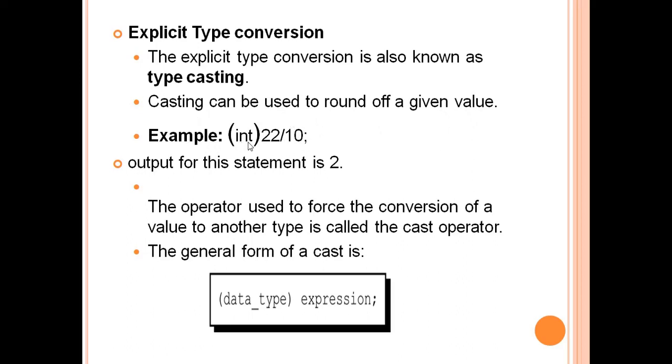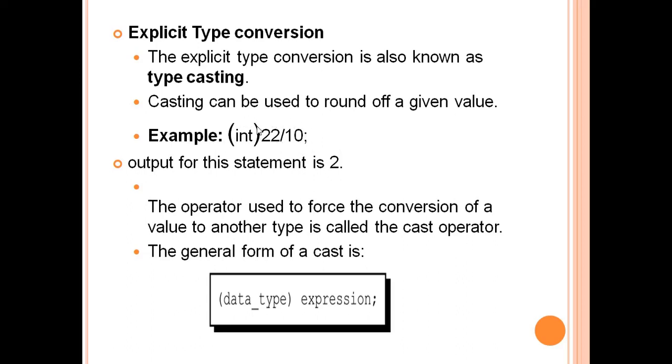For example, if you mention the integer data type within the brackets and then 22 by 10, the result after evaluating 22 by 10 would actually be a float. But if you mention int in the brackets, the result will be an integer result. So here we are getting 2 as the result for this example.